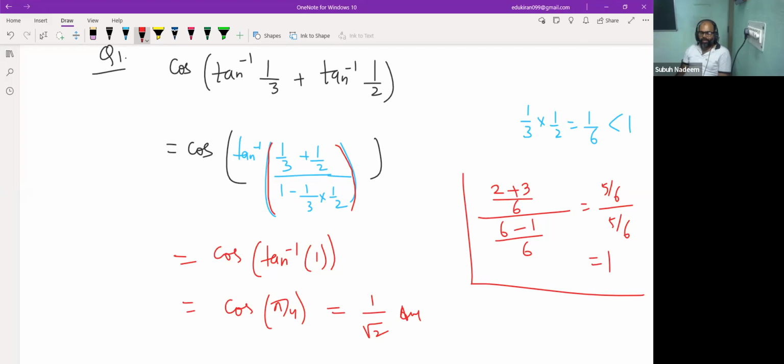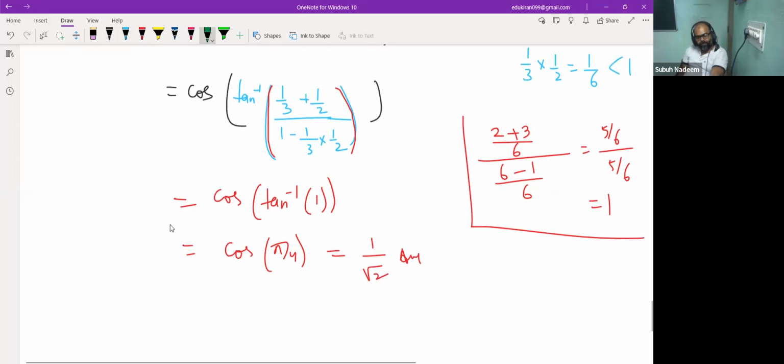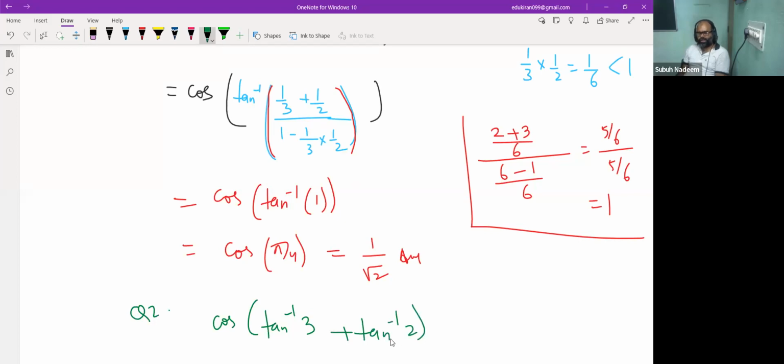If I make a small change in this question, like I write here cos of tan inverse of 3 plus tan inverse of 2, not 1 by 3 and 1 by 2, but 3 and 2.